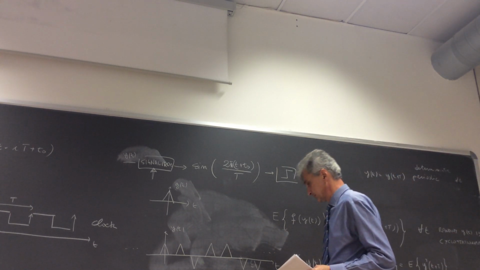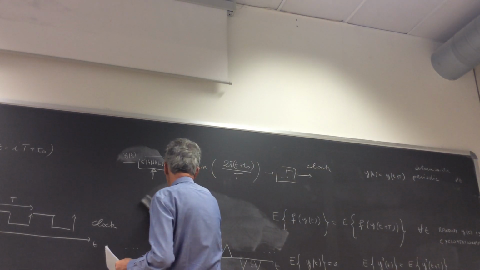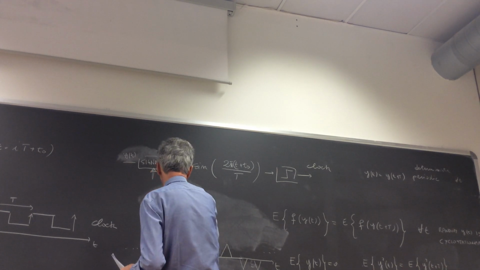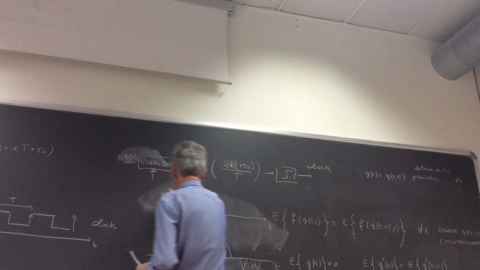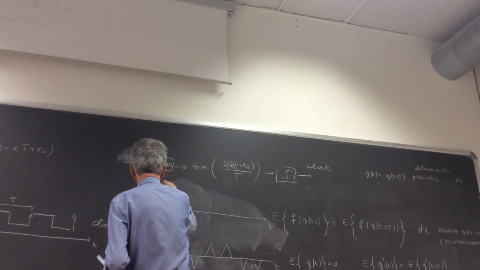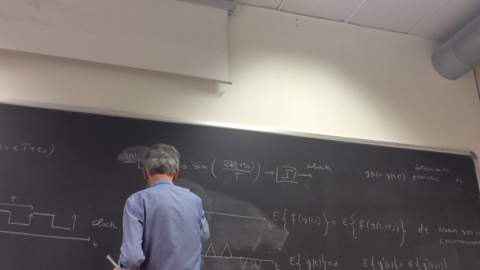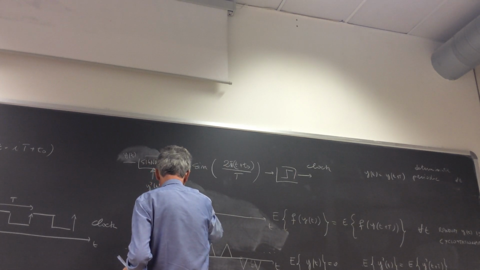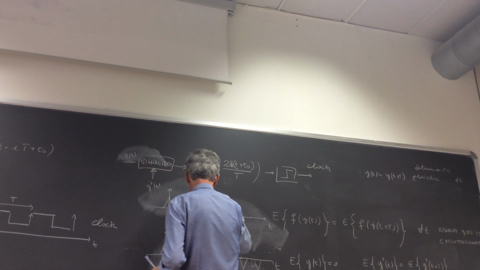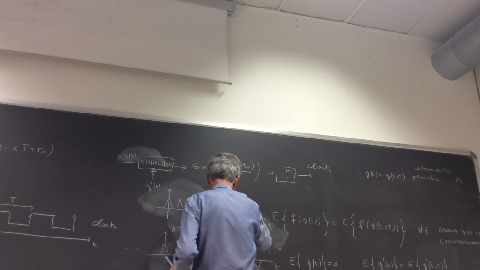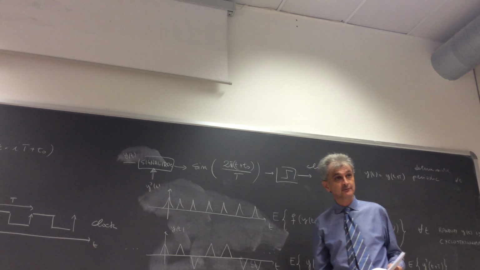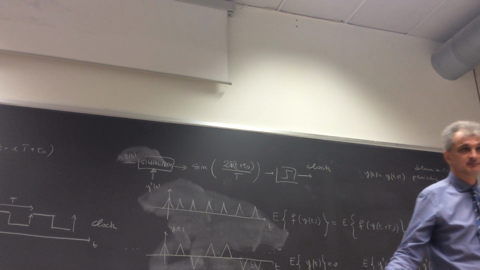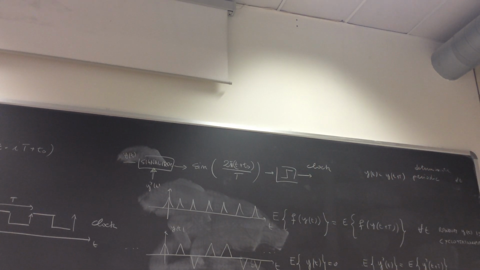Now take the square. What happens when you take the square of that Y? Y to the square. You will get this, this, this, this, this, this. You see? A periodic signal. Exactly a periodic signal.